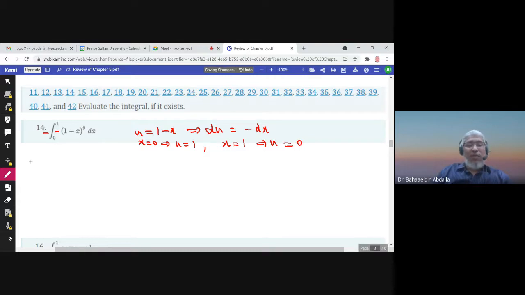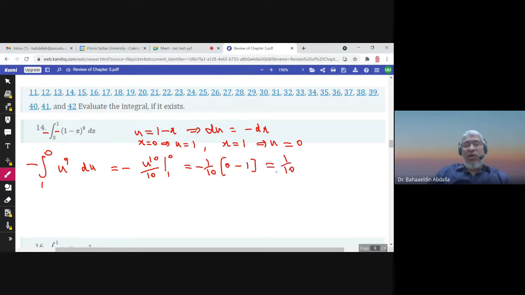So I will have a negative integral, 0 will go to 1, and 1 will go to 0. Negative dx is du, and 1 minus x is u, to the power 9. So the integral of u to the power 9 is u to the power 10 over 10 from 1 to 0. So I have negative 1 over 10 times 0 to the power 10, which is 0, minus 1 to the power 10, which is 1. So the answer is 1 over 10.